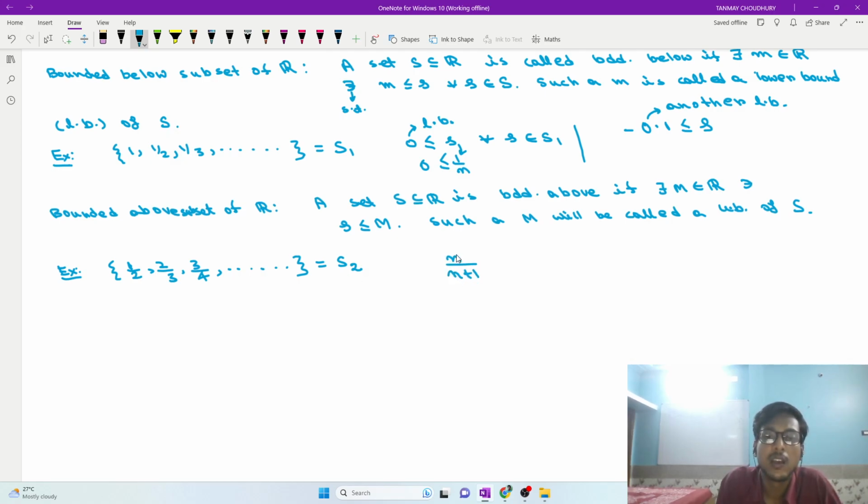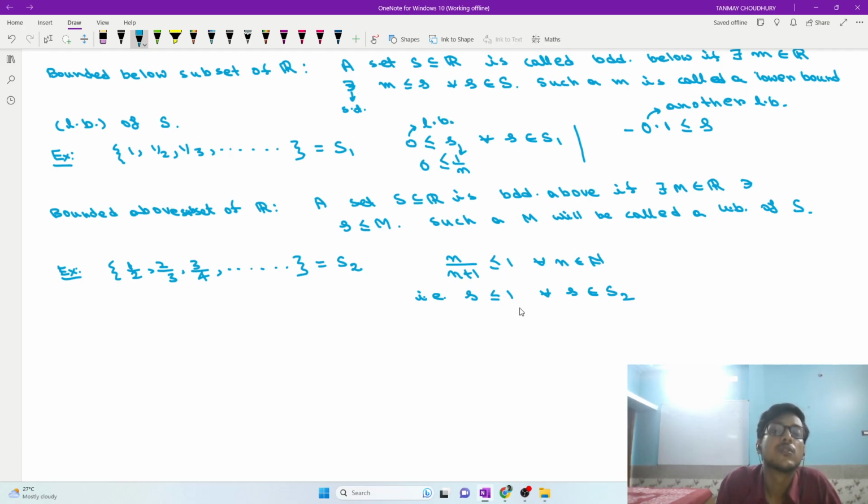Both numerator and denominator are natural numbers, but the denominator is 1 more than the numerator. That means its value is less than or equal to 1, that is, small s is less than or equal to 1 for all s belongs to S2, because elements of S2 are of the form n by n plus 1, where n is a natural number.